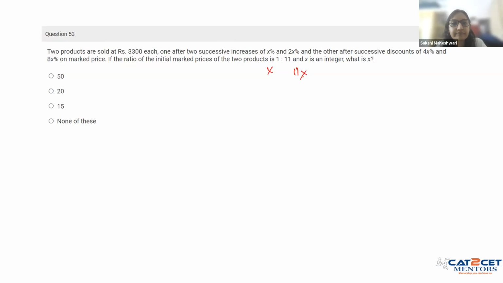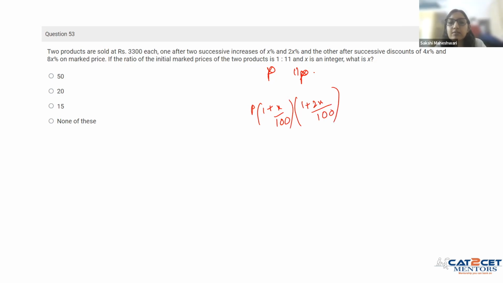Let's not write it as X, let's write it as P and 11P. And they are sold at 3,300. Now, one is increased by X and 2X%. So first it will be P into 1 plus X by 100, and then 1 plus 2X by 100.